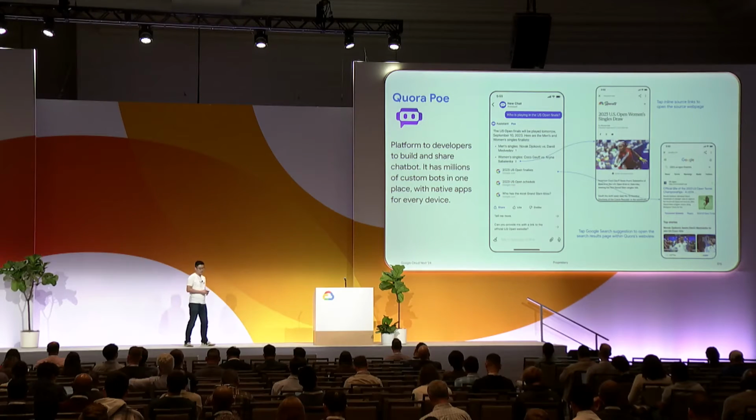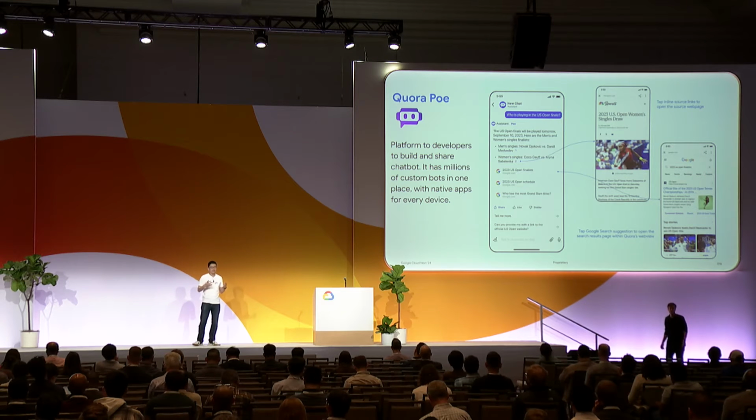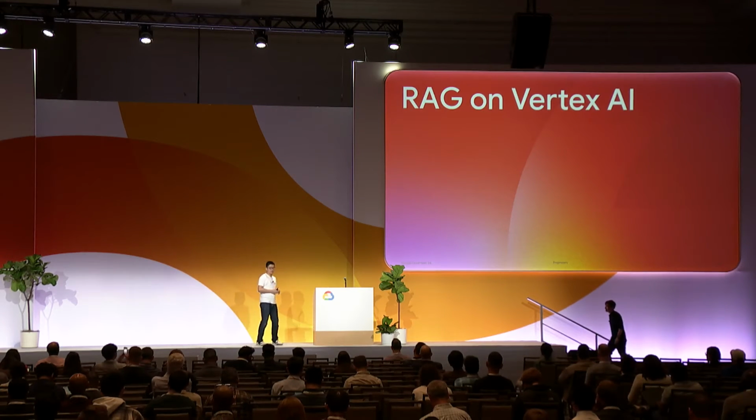On the screen, what you're looking at is they're building a chatbot just for sports. These are just two examples we're working on with customers in the early stage, and I hope those are inspiring examples. We believe with grounding with Google Search, you can do a lot more than that. So with that, I'm going to head over to my colleague, Tom, to talk about RAG.